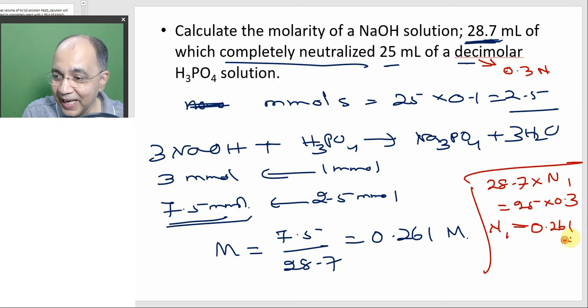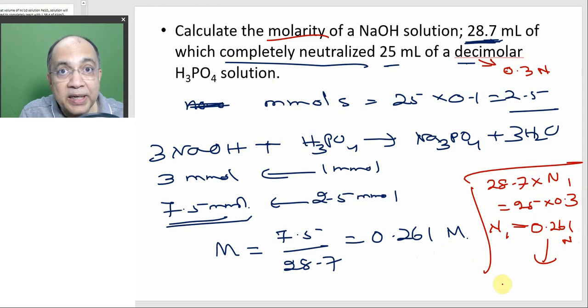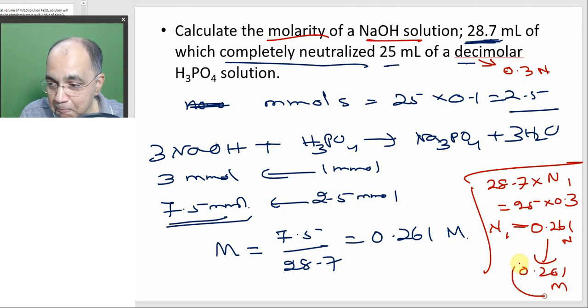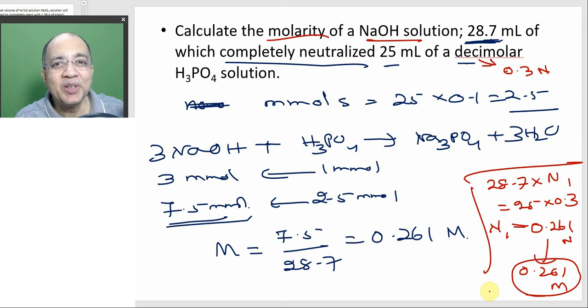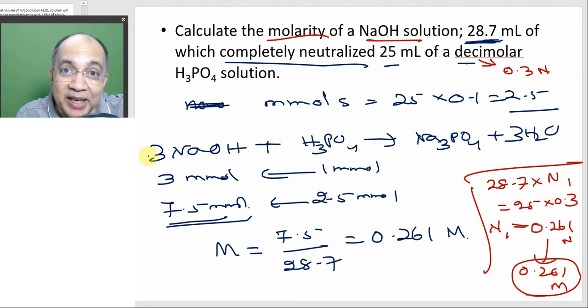And immediately you convert it to molarity, because it is asking about molarity. When you want to convert normality into molarity, the normality is divided by the n factor to get molarity. The n factor is 1 for NaOH, so the same 0.261 M. So you require two conversions. First, convert the molarity given to normality, then V1N1 equals V2N2.